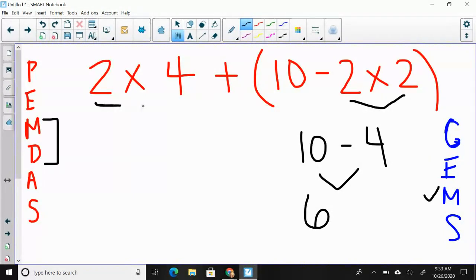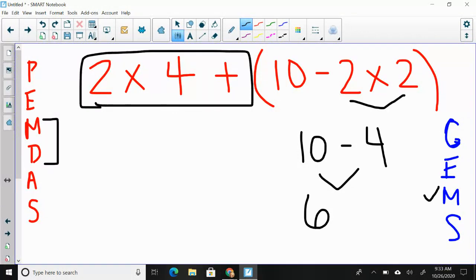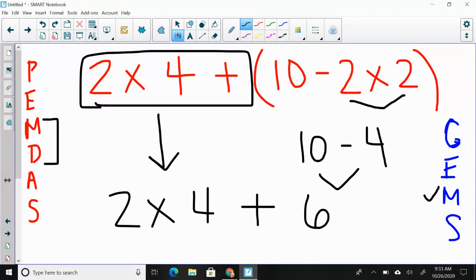I'm going to bring this entire piece that I have not used yet down here. So I'm going to rewrite it. 2 times 4 plus 6. So I need to think about what I have remaining. I have multiplication and I have addition. Okay?